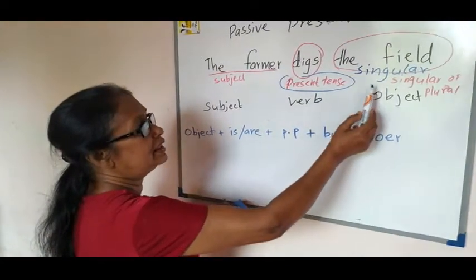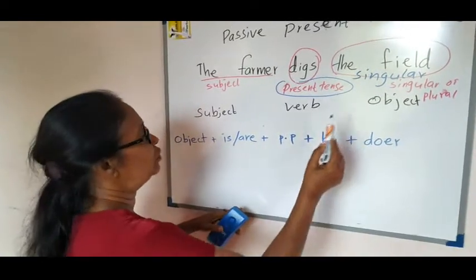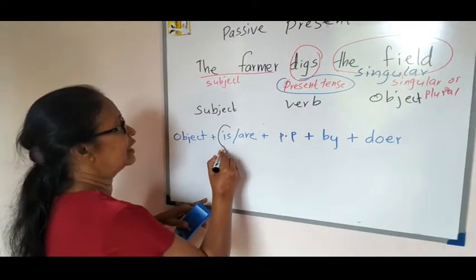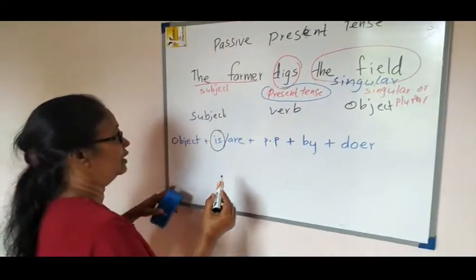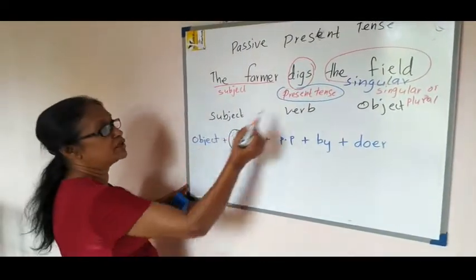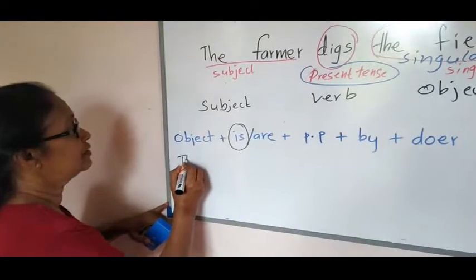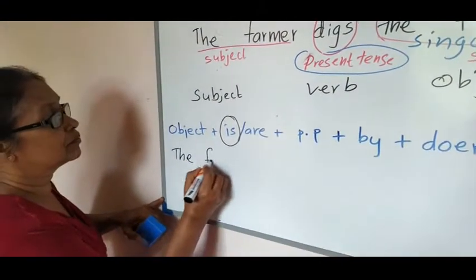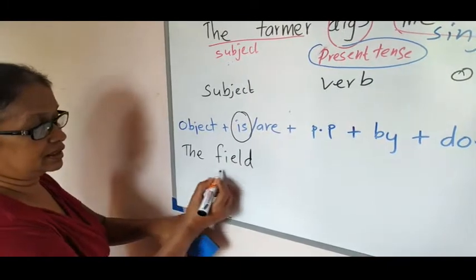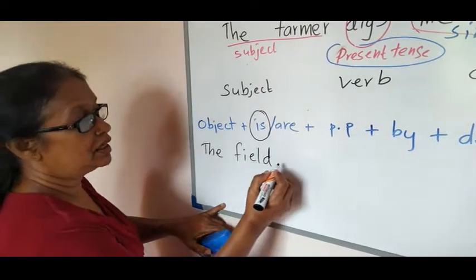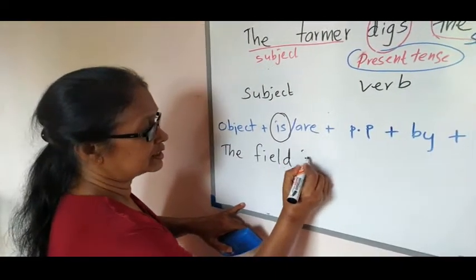The field, it is singular. So you can take is, because the field is singular. Let's write the object, the field. Because this is singular, you have to put is.